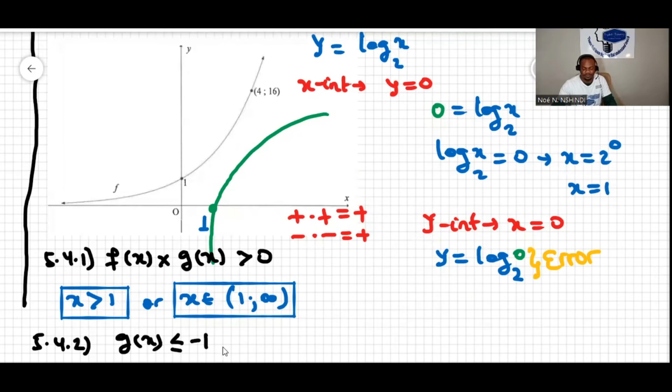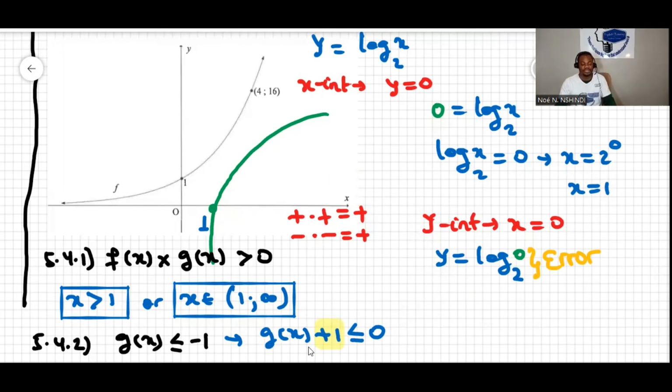In which interval? So it means that g of x plus 1 is less than or equal to 0. Positive 1 indicates a vertical shift. So the graph is shifted 1 unit upward.